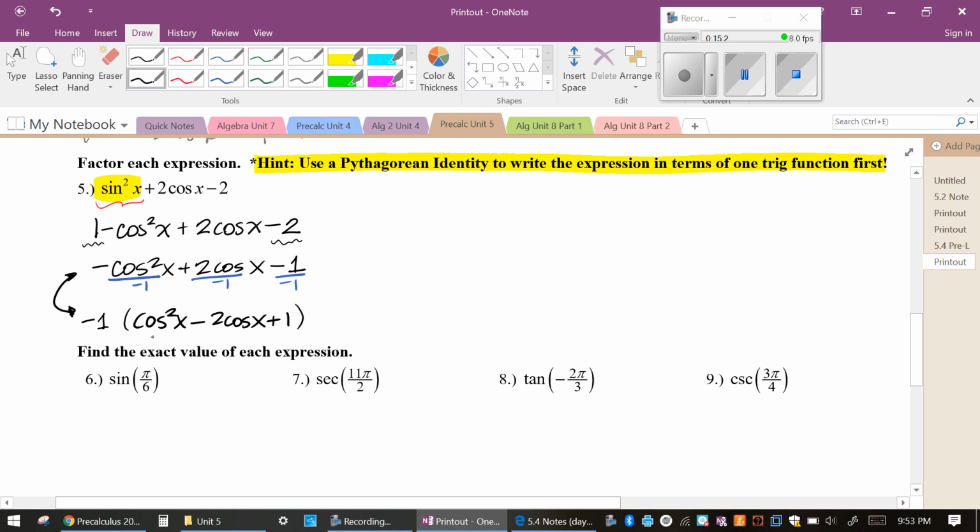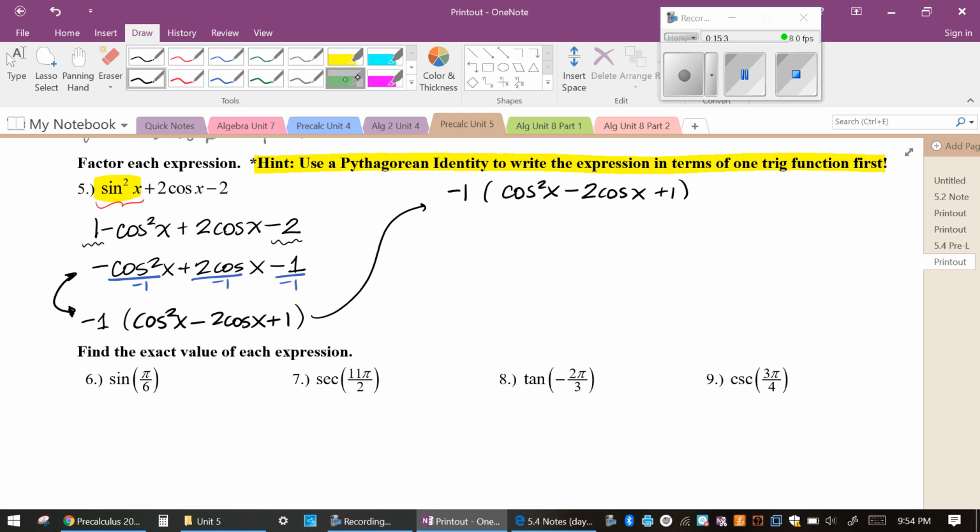Okay, I now have a quadratic trinomial. So I'm going to go ahead and ask myself, how is this related to algebra? Here, cosine is going to be like my variable. So this is similar to x squared minus 2x plus 1, where the x is your cosine.